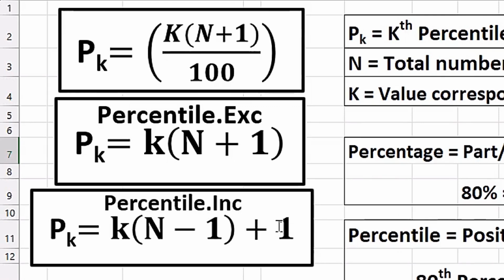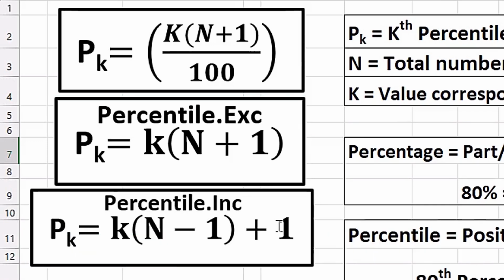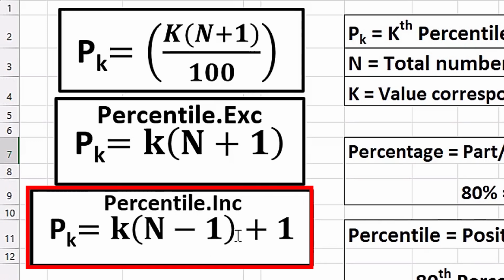Now what is it including and what is it excluding? Percentile.exclusive excludes the minimum value and the maximum value. So when you want to get the percentile but exclude the minimum and maximum values, percentile.exc is the function you should use. But if you want to include the minimum and maximum values, then you should use percentile.inc.